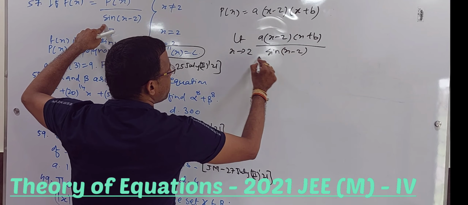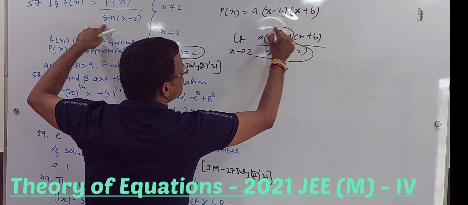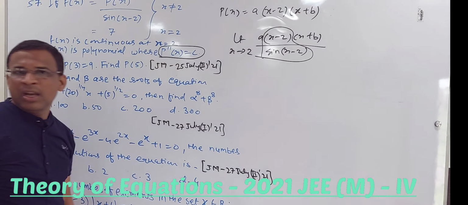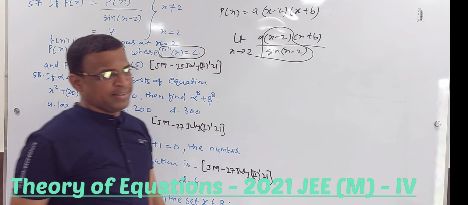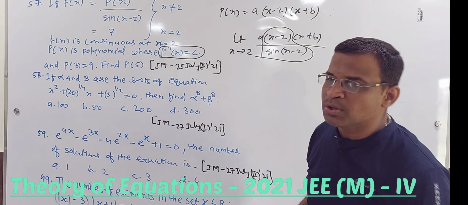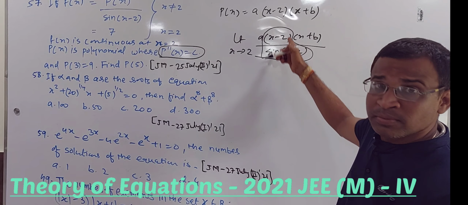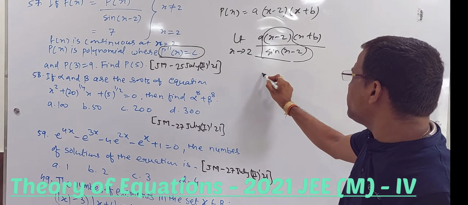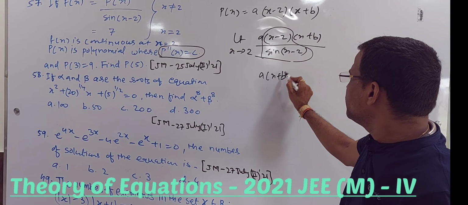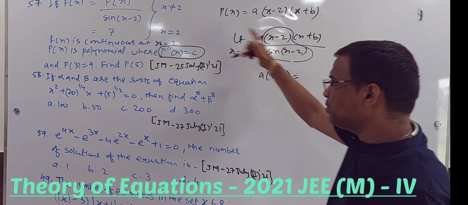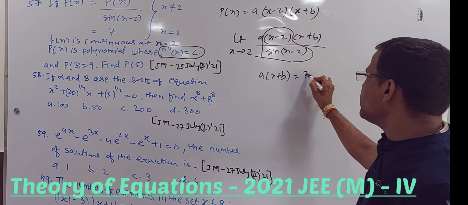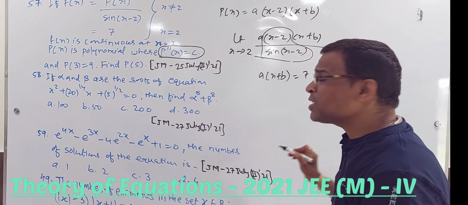And all the smart students know that sine of (x minus 2) upon (x minus 2), limit x tends to 2, gives you 1, just like sin x upon x, limit x tends to 0, gives you 1. So this portion becomes 1, and I am left with a times x plus b. So a times x plus b gives you answer 7. So that is my first relation.